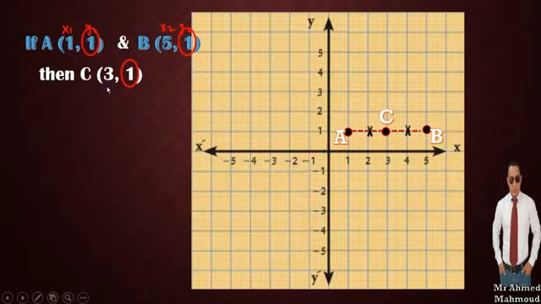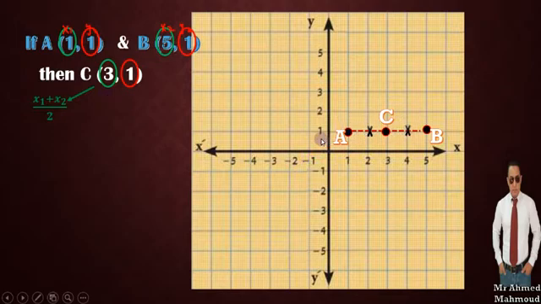Then this is the rule: x of the midpoint equals half the sum of x1 and x2. 1 plus 5 over 2 equals 3 like this. This is the rule of the x coordinate, (x1 plus x2) over 2. Now there is only one rule for the x coordinate because the line segment is horizontal.